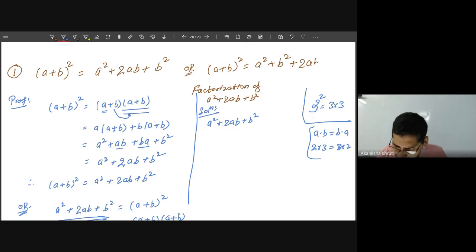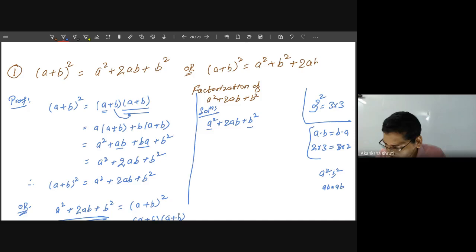Students, if we multiply the first term with the last term, what is there? It is a square into b square. This can be written as ab into ab.